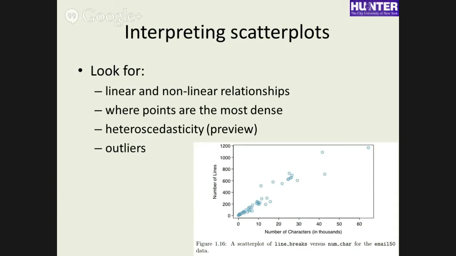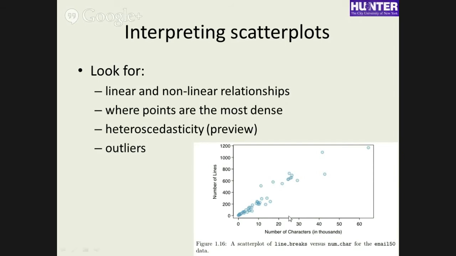You can assess heteroskedasticity, which if you look this word up in a stats wiki, it starts out by saying heteroskedasticity is a hard word to pronounce, but not a hard word to understand. This is just a preview. Heteroskedasticity becomes important later in the course when we learn about t-tests. But all it means is that the variability of your data is the same throughout the range.